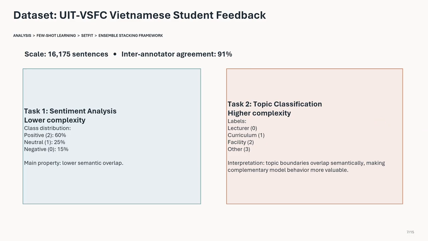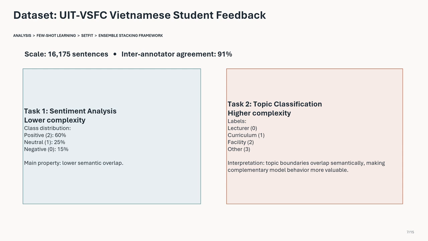About the dataset, we use the UIT-VSFC Vietnamese student feedback dataset. This dataset contains around 16,000 Vietnamese sentences. There are two tasks. The first task is sentiment analysis. The model predicts whether the feedback is positive, negative, or neutral.